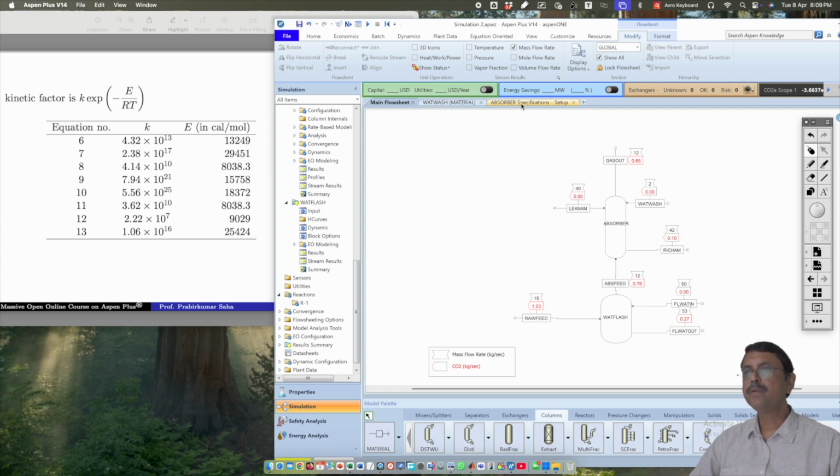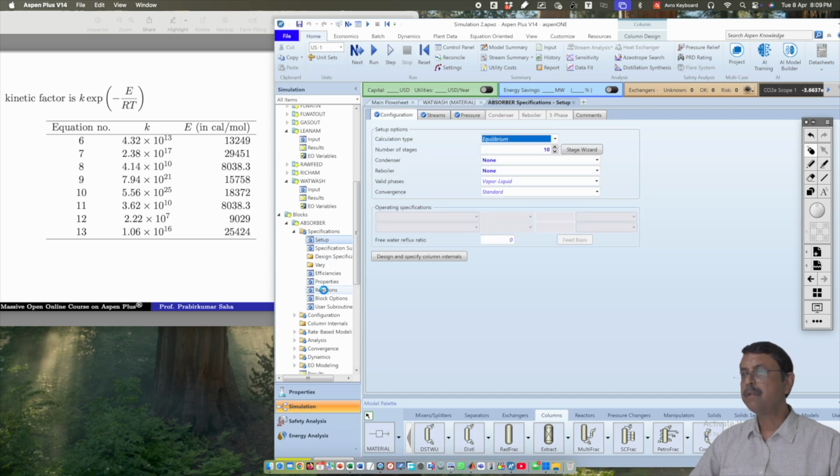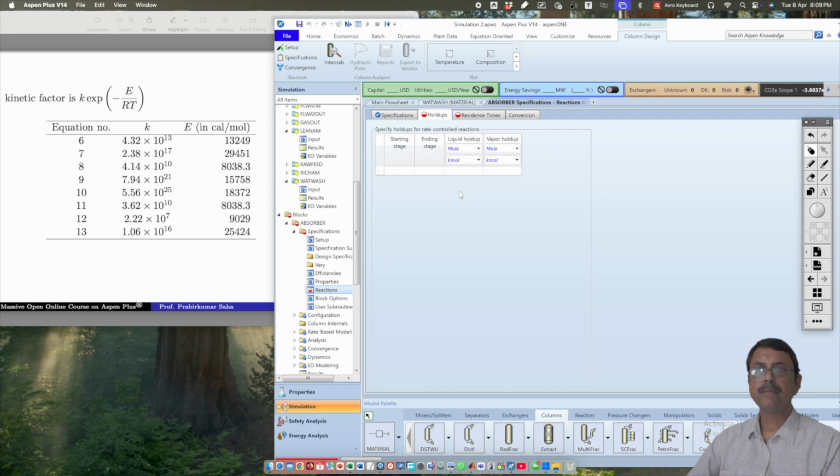So what we will do, we will add up the reactions over here. So there are 10 stages, so it is from stage 1 to stage 10. We'll have the reaction ID R1. And we have to provide the hold up because we are using the equilibrium mode. In the rate-based calculation, the hold up and residence time, you do not have to specify.